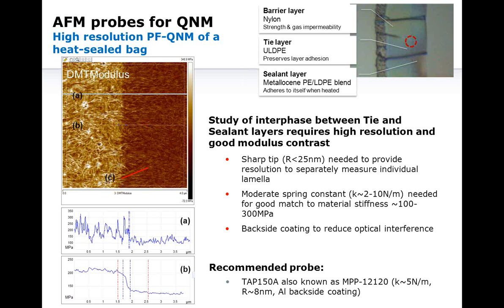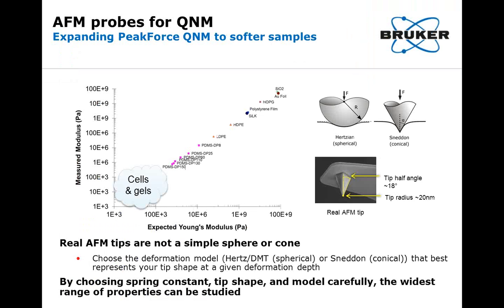Okay, so now back to the probes and a real quick discussion about 2 important models for QNM, both the Hertzian and Sneddon. These are well-studied deformation models going back many, many years, and in the case of Hertz, all the way back to the 1880s. In the case of AFM probes, we need to think about these models with respect to the probe shape, and more specifically, the probe shape as the probe deforms the sample surface.